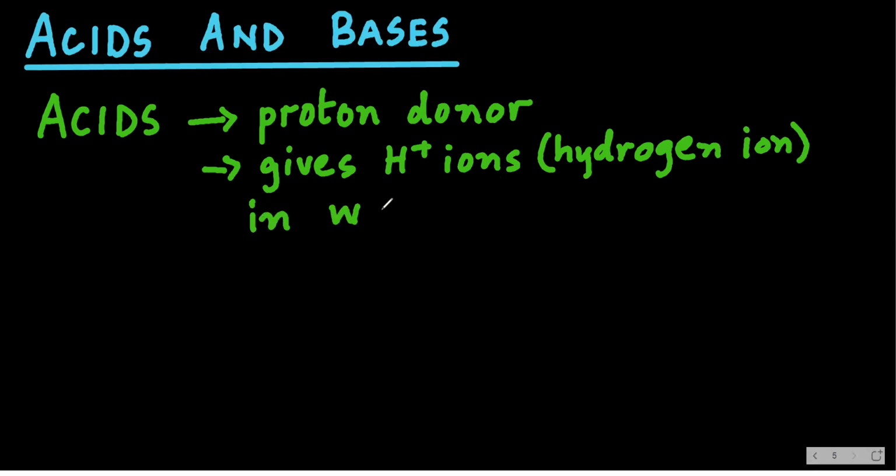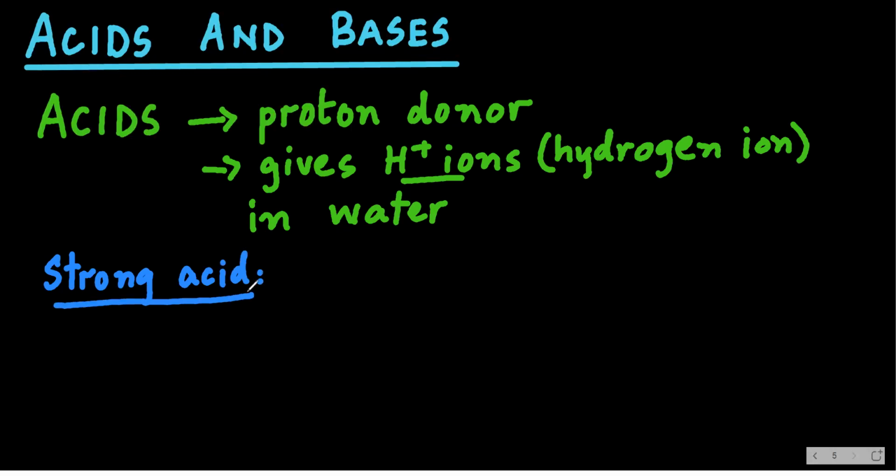When I say that they give hydrogen ions, what does it mean? Let's take the examples of some strong acids. When I am talking about strong acids, we will take the example of a very common acid, hydrochloric acid.